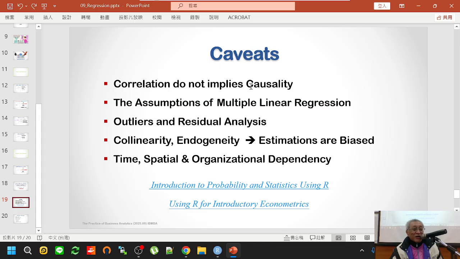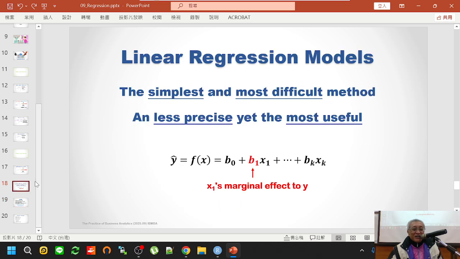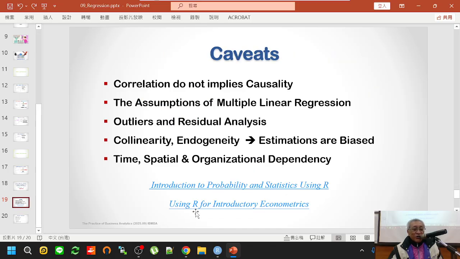Correlation does not imply causality, the assumptions of multilinear regression. You need to check a lot of things, and I don't have time to cover it in our course, right? So if you want to have a better idea about how to estimate the coefficient correctly, here are two good references, right?